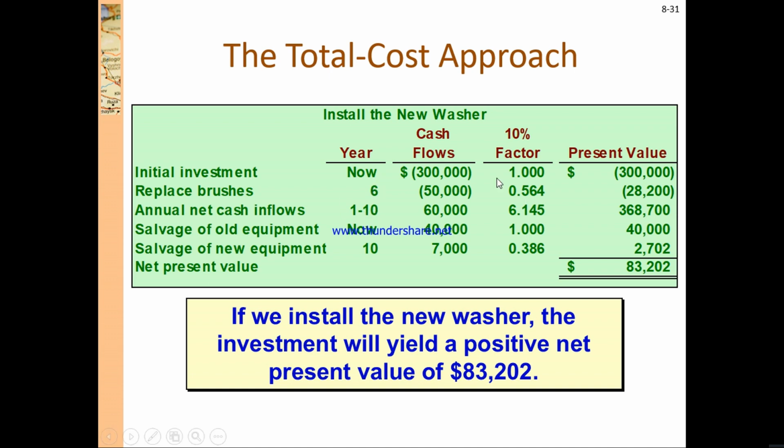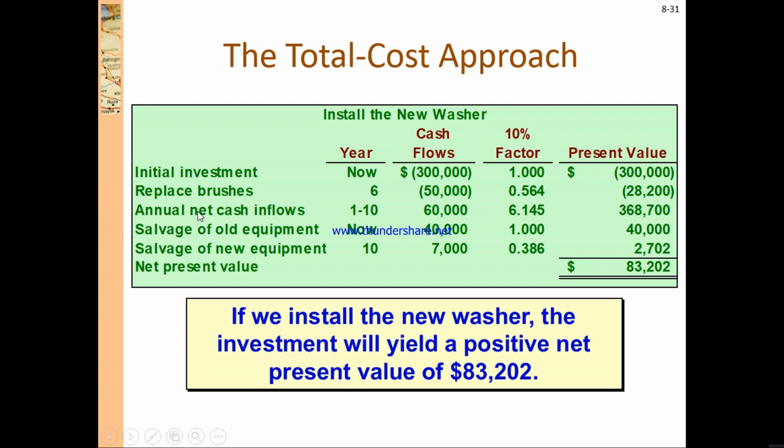At the end of the 6th year, the present value factor at 10% is 0.564, not cumulative. So you have to multiply it with 50,000 cash outflow. So in this case 28,200 cash outflow.